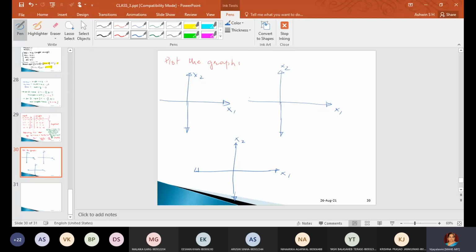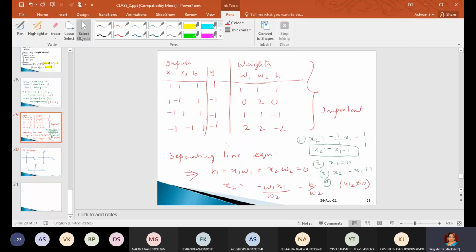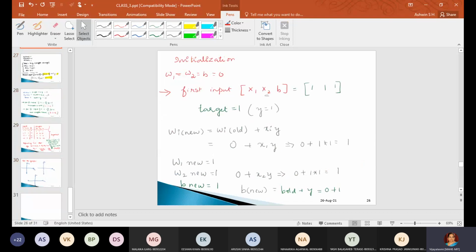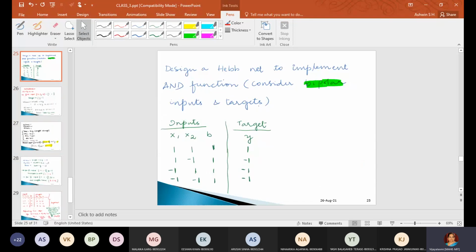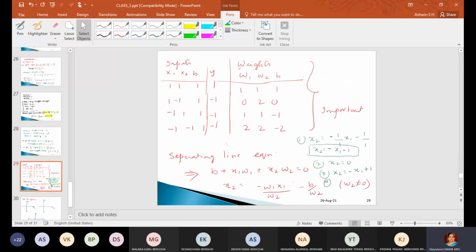Here I will just mark, because we know that I started with the AND gate. If you just see the first inputs, for the first quadrant, all positive, 1 1 it is 1, then for all the others, 1 minus 1, minus 1 minus 1, minus 1 1, it is negative. So directly I make use of this concept here.